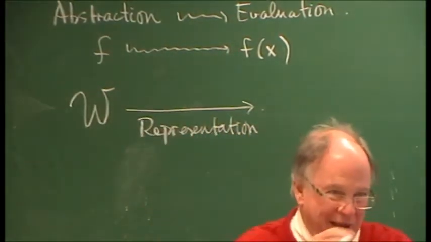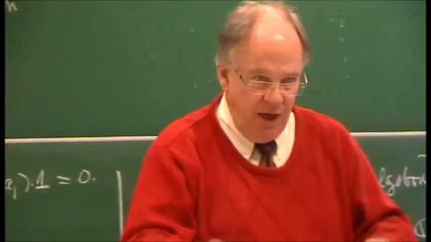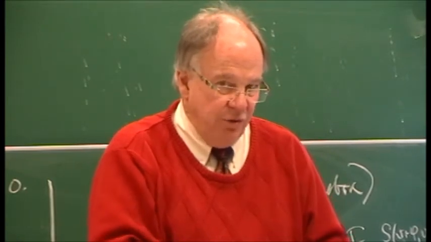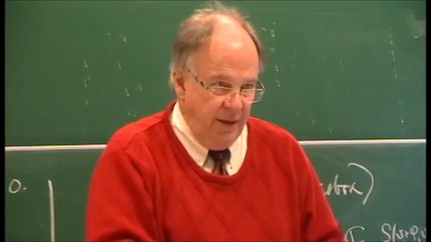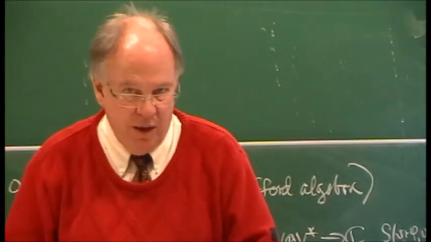Because you're representing the algebra by it's doing something. In quantum mechanics and sometimes in classical mechanics, you evaluate some abstract thing as a function, and suddenly in quantum mechanics you evaluate the same abstract thing as a differential operator.